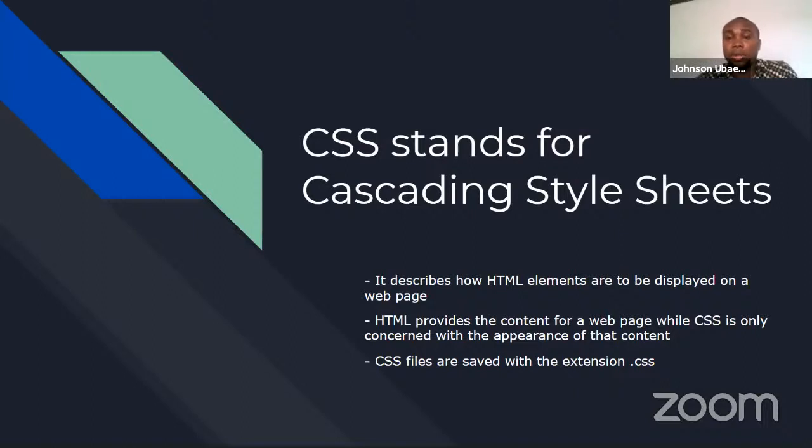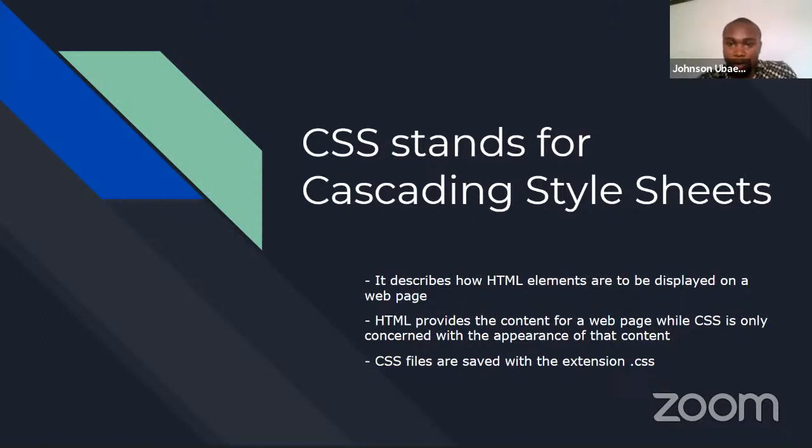So CSS stands for Cascading Style Sheets, and in a moment I will explain just what that means. But the idea is CSS is responsible for how your pages look. It is responsible for the appearance of your web pages. It's not responsible for content, right? So I have a slide here.